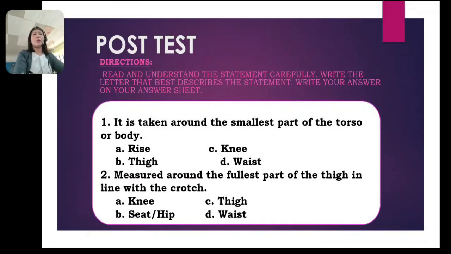Okay, for your post test, here is the direction. Read and understand the statement carefully. Write the letter that best describes the statement, and then write your answers on your answer sheet. I will read each question twice and then give you 10 seconds to answer each item.